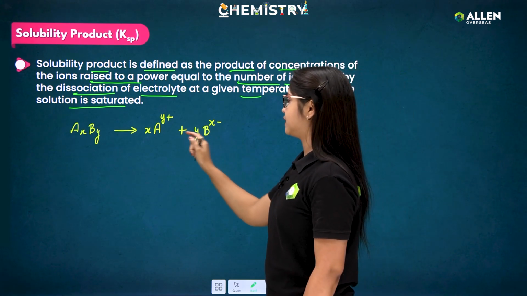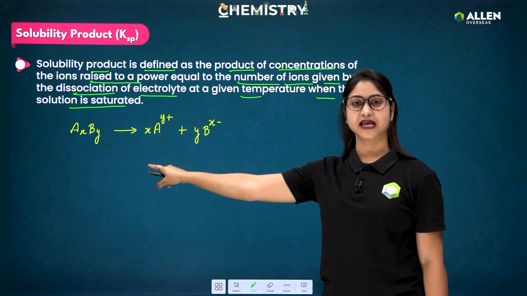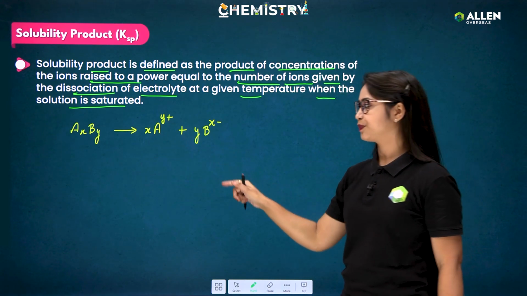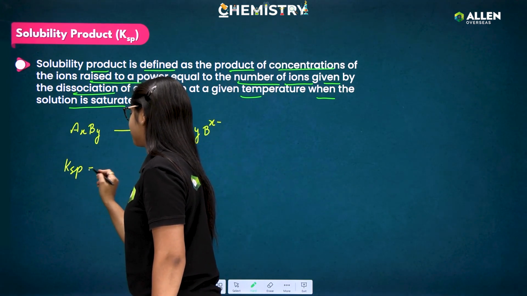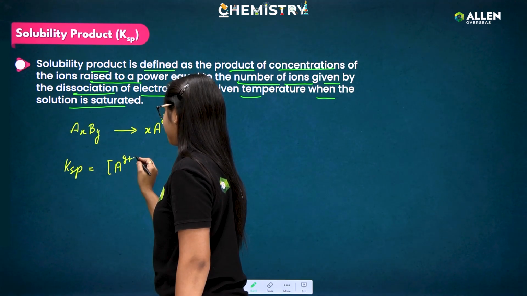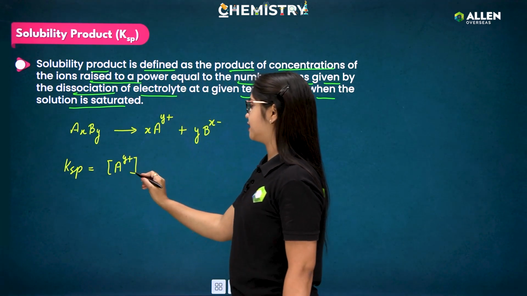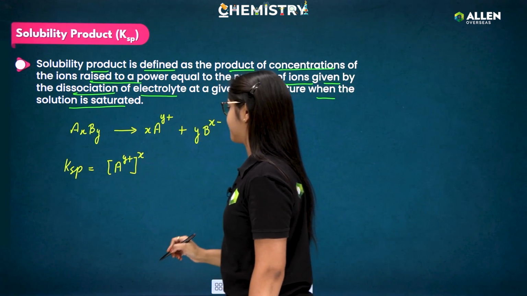The number of A ions is x, and the number of B ions is y. So if I want to find the KSP for this salt, it will be the concentration of A^y+ raised to the power equal to the number of A ions, so raised to the power x.